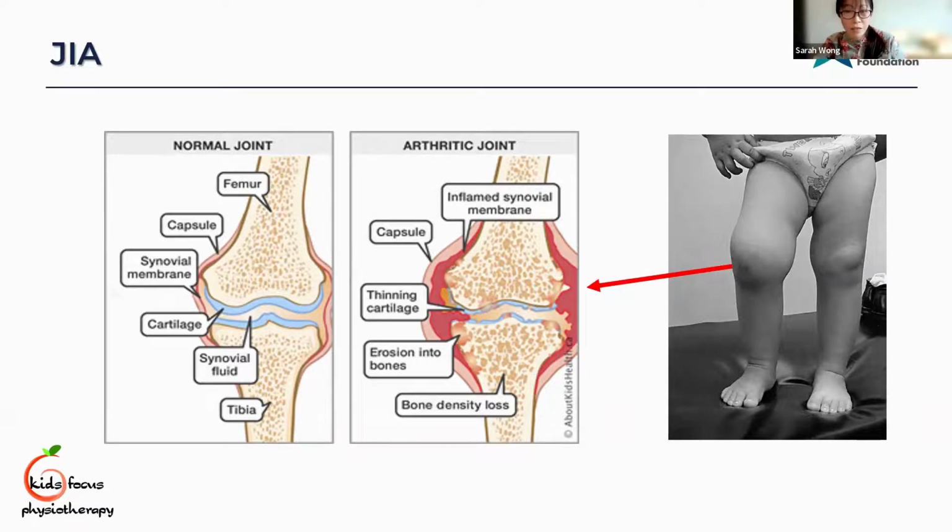And if you continue to let the JIA progress and don't do anything about it, you'll find that this will happen. So the joint will be destroyed. And once the joint is destroyed, the affected leg would then start becoming shorter. But if JIA is well managed from the start, both legs will become equal length eventually. So all 3 answers are possible depending on how the JIA is managed.